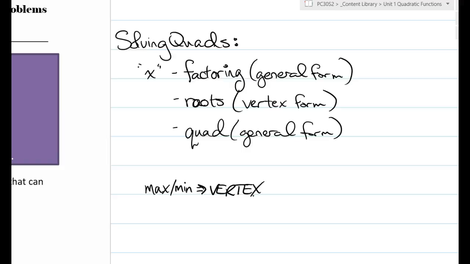I personally am going to default to converting my equation into vertex form by completing the square if I have to. If you don't want to complete the square, you can use the other strategies that we talked about in general form. Option 1 is to complete the square to get it in vertex form.